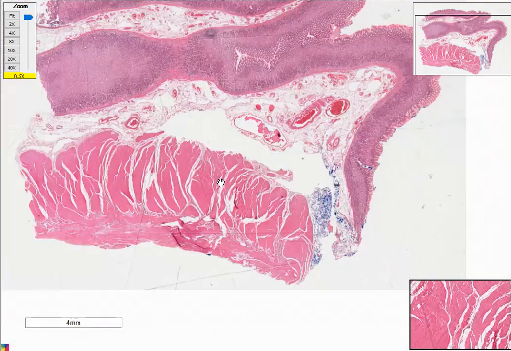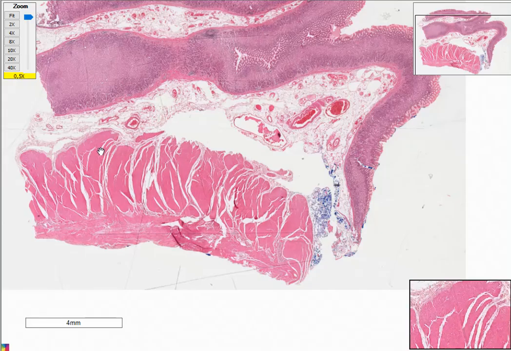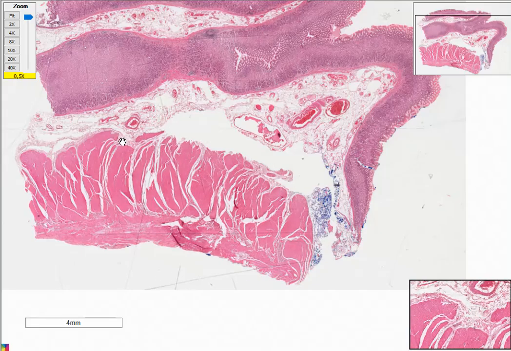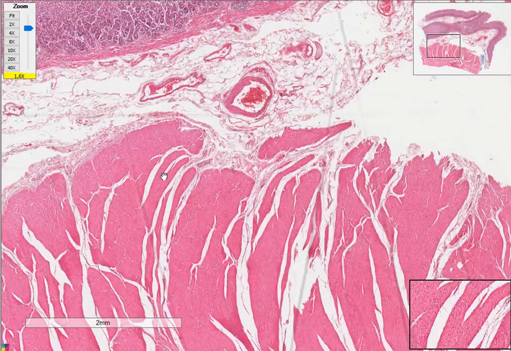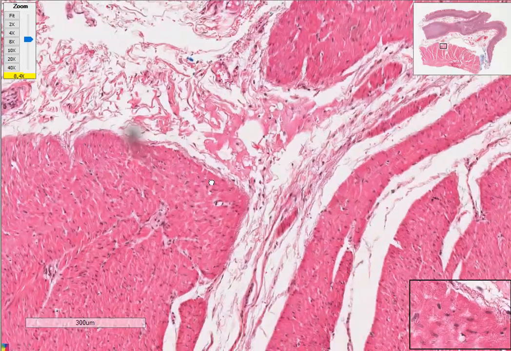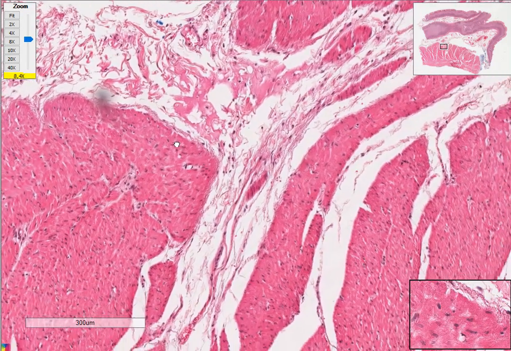So in the muscularis externa, or muscle portion of the stomach, we have the inner oblique muscles, which are smooth muscle. So the inner oblique, and then we also have the middle circular layer.